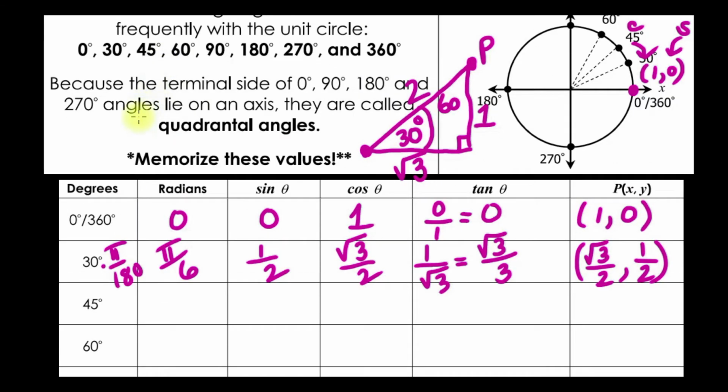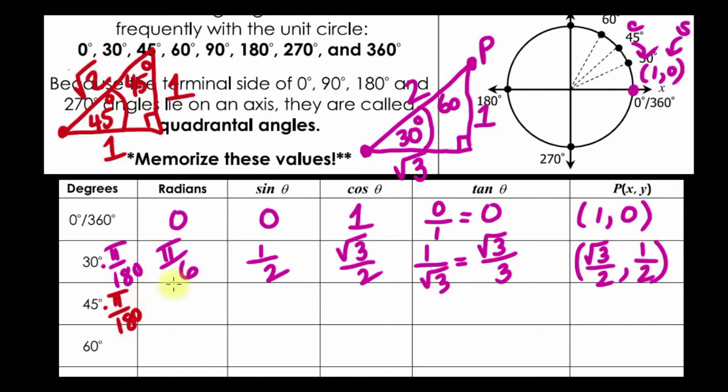Now we're going to work with 45 degrees. I'm going to do another special right triangle here. This is 45 degrees, this is 45 degrees, this side is going to be 1, this is going to be 1, and this is going to be root 2. When you multiply 45 by pi over 180, you get pi over 4 after you reduce.